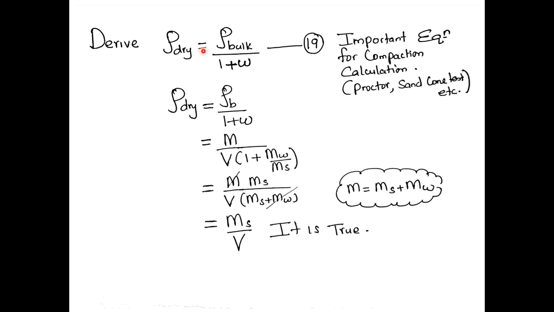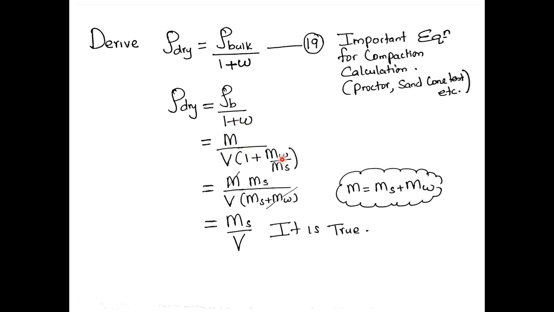Dry density is equal to bulk density over 1 plus moisture content. Equation number 19. This is a very important equation in compaction calculation, Proctor test, and so on. Okay, first derive this equation. Dry density is equal to bulk density over 1 plus W. Bulk density is equal to total mass over total volume, that is the definition. Bulk density is total mass over total volume, over 1 plus water content.